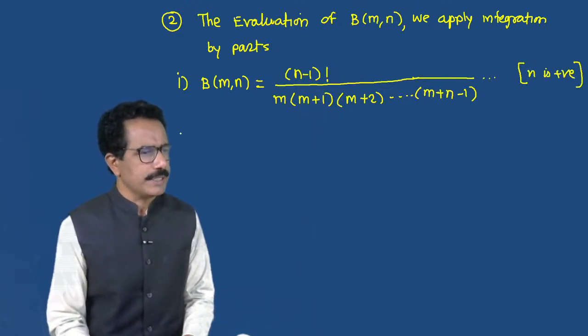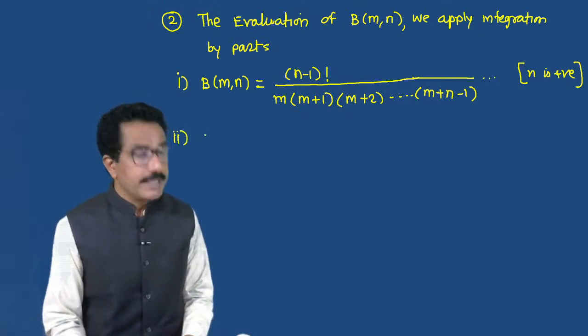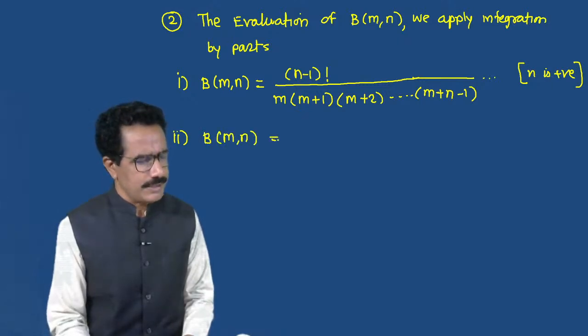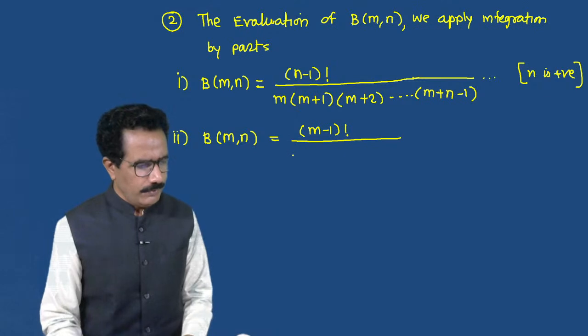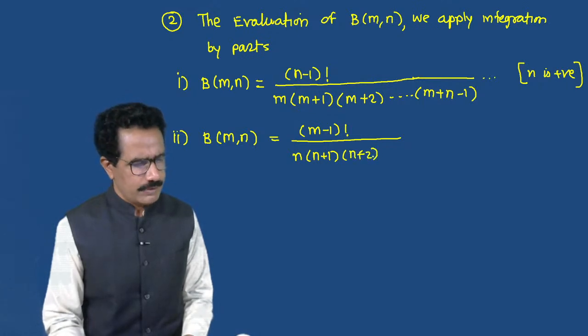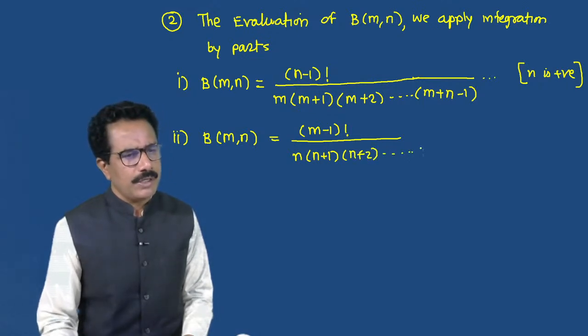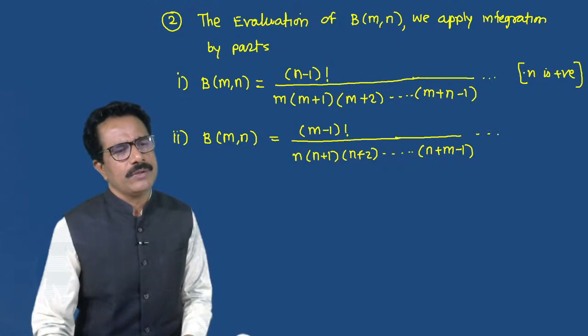Second, we can also write, if m is positive, beta m comma n is equal to m minus 1 factorial divided by n into (n plus 1), (n plus 2) dot dot dot (n plus m minus 1). This is the second value.